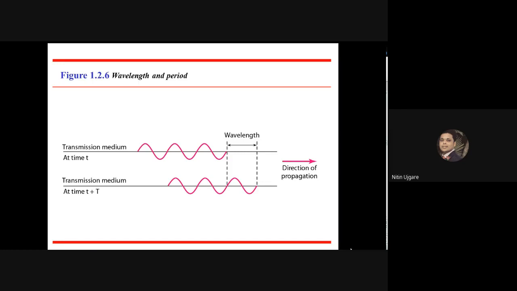Sine wave is one of the forms of the signal, and we saw how a sine wave is represented. Then we discussed the different parameters used to represent the sine wave, and there are three major parameters: frequency, amplitude and phase.